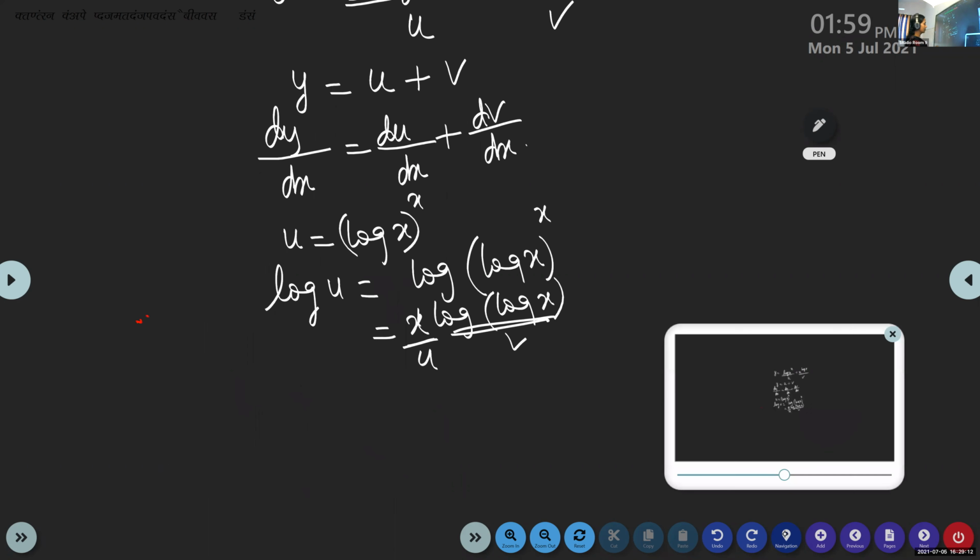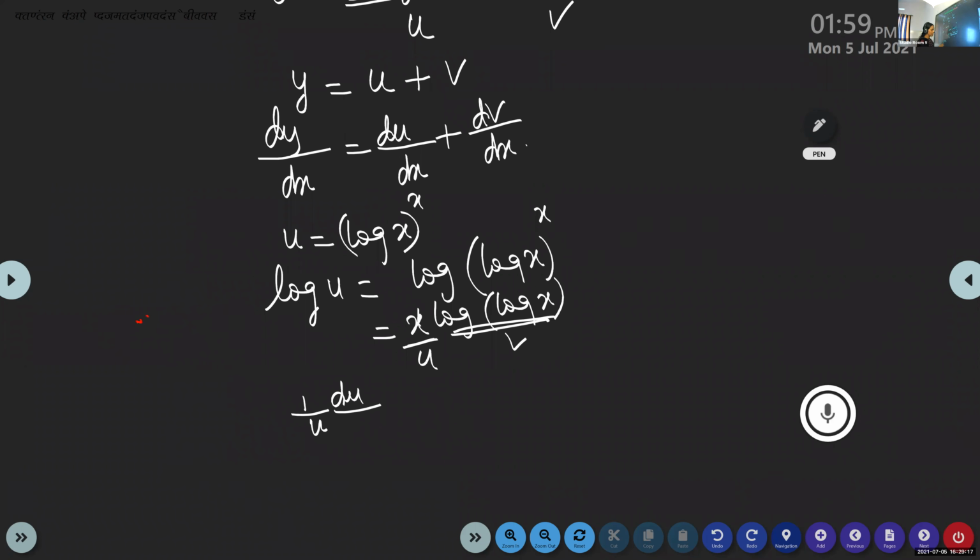Now differentiate this. Log u, if you differentiate, 1 by u du by dx is equal to x into, what is the derivative of log x? 1 by x. So the derivative of log of log x is 1 by log x into, once again differentiating log x, 1 by x.